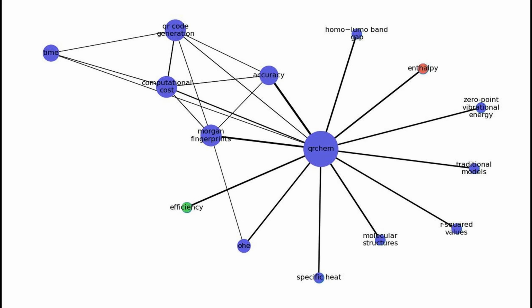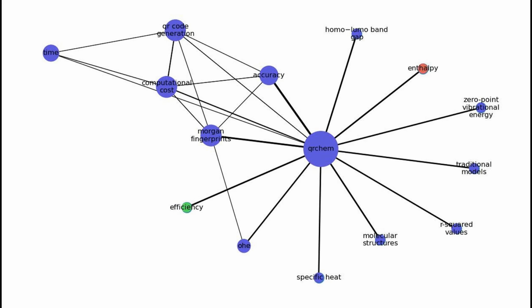In terms of efficiency, while QRChEM outperformed its counterparts in accuracy, it is worth noting that generating molecular QR codes is more computationally intensive. For instance, creating 10,000 QR codes can take about 400 seconds, while Morgan fingerprints can be generated in about 1 second for the same number.